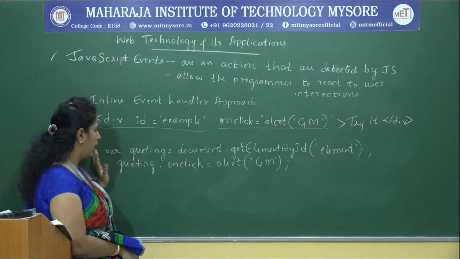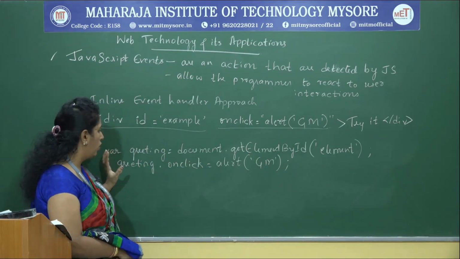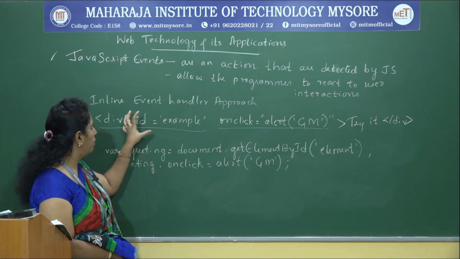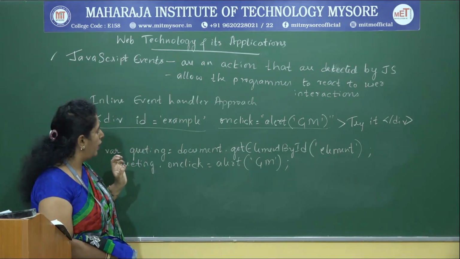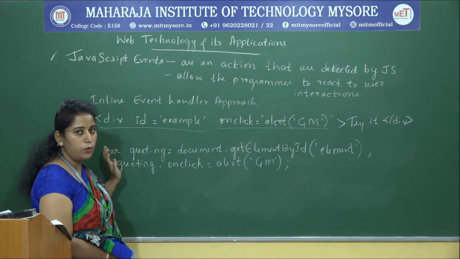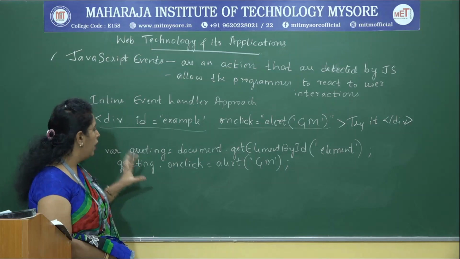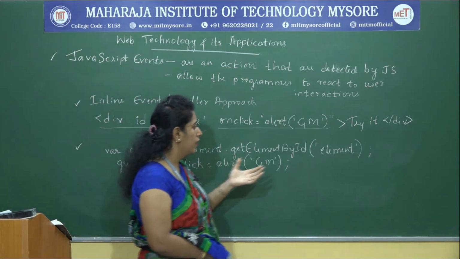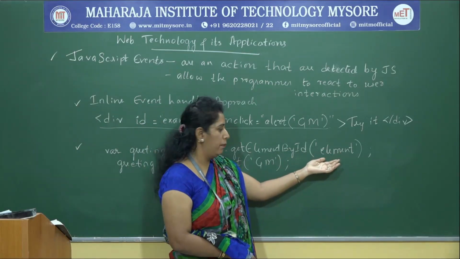Let us start a discussion on the two approaches used to resolve the problem of the inline event handler approach. This is one older approach, which is supported by all types of browsers. How is it going to work? See here, this is an HTML element.